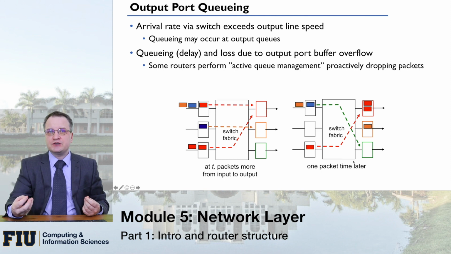For the output port, there is sometimes so-called active queue management. So, for example, instead of just allowing the queue on the output port to overflow, and basically having to drop packets after you decided that you need to forward to a specific port, some routers, and there's a lot of research associated with this, try to proactively drop packets from the queue, and not necessarily the last packet. There are several specific algorithms.